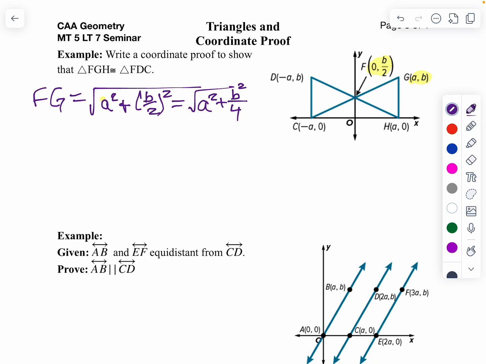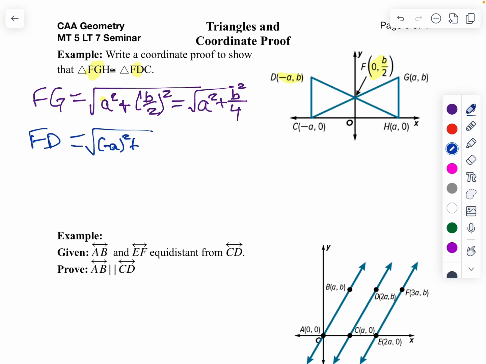Now let's do the same thing for F to D. Why did I choose F to D? Because I notice it corresponds with F to G. So F to D now: 0 minus A squared, well, that'll be negative A squared.